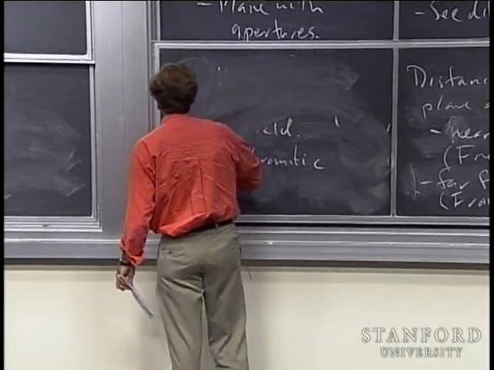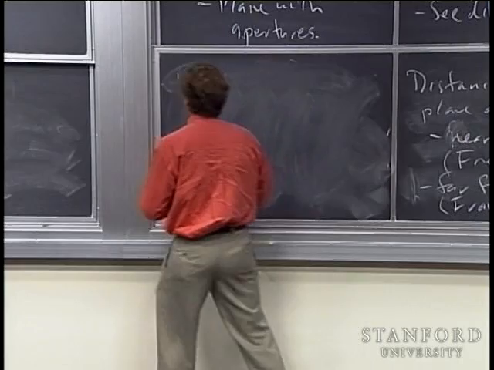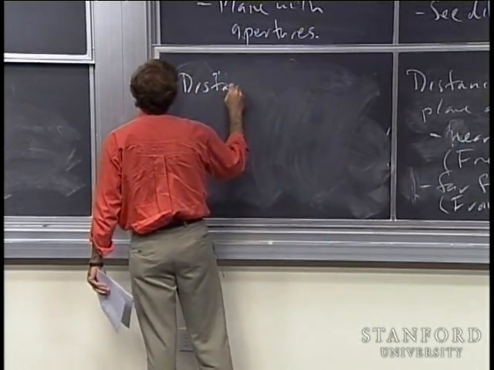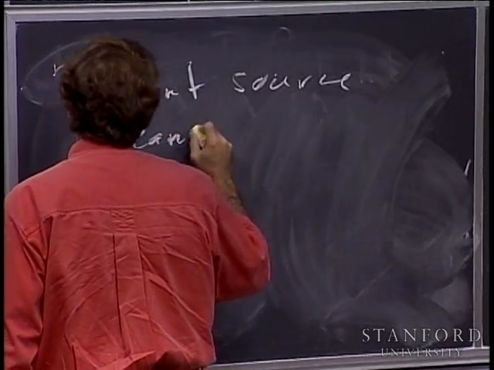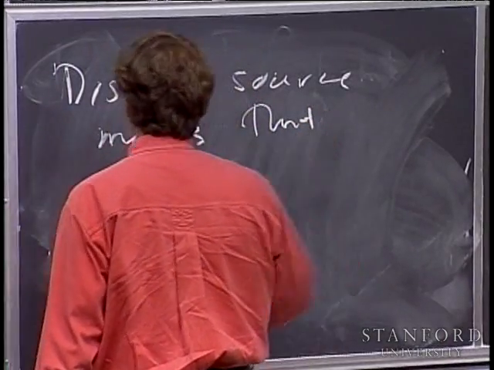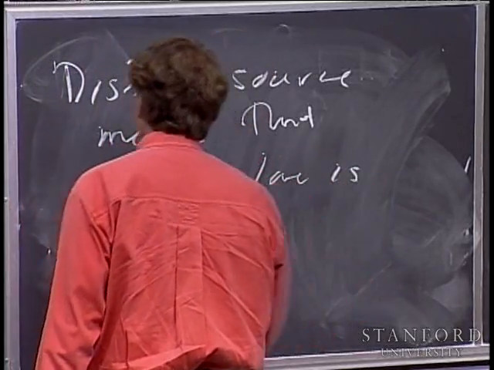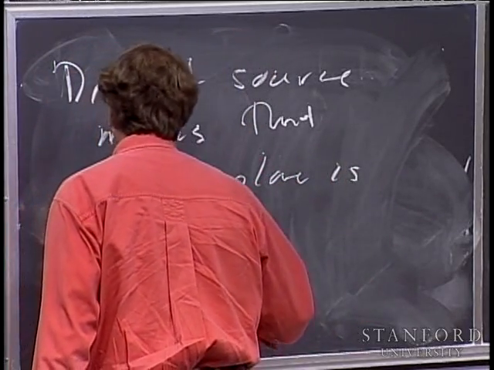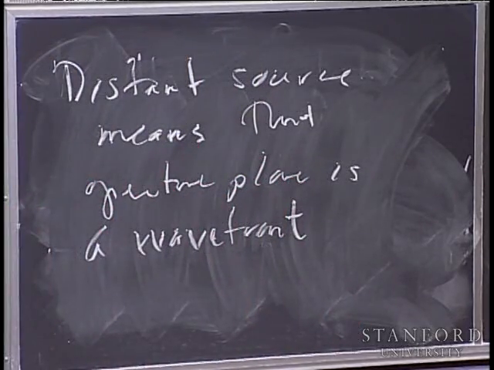So a distant source means practically that the aperture plane is a wavefront. That is, the light is coming in as a plane wave. All right?